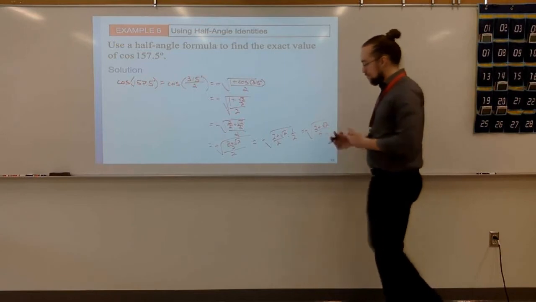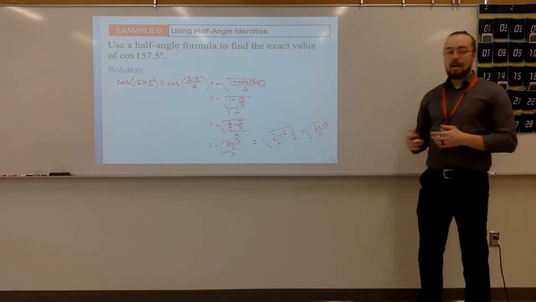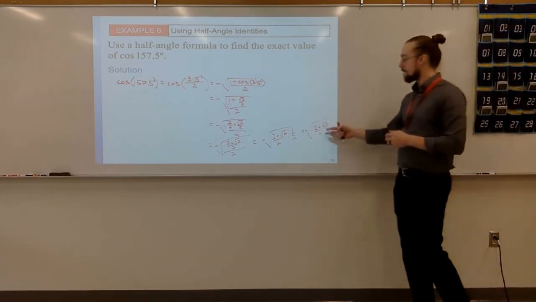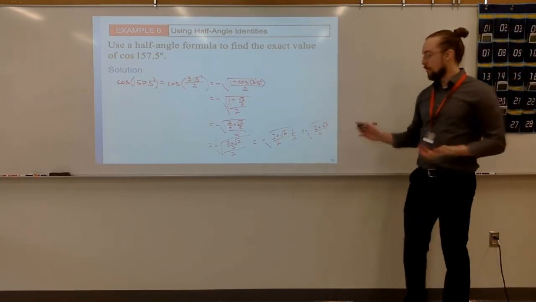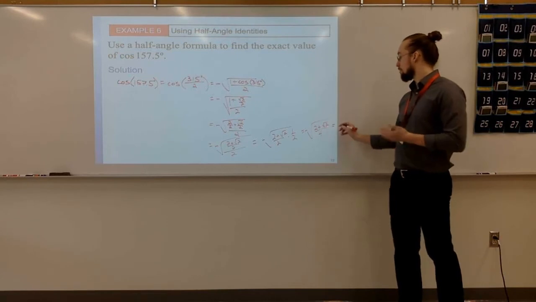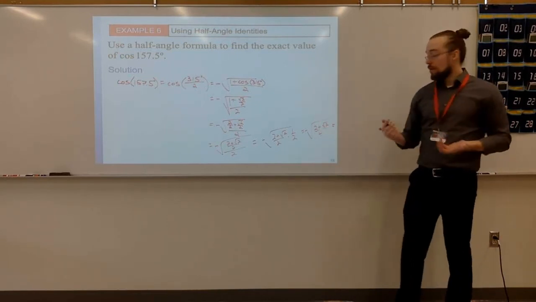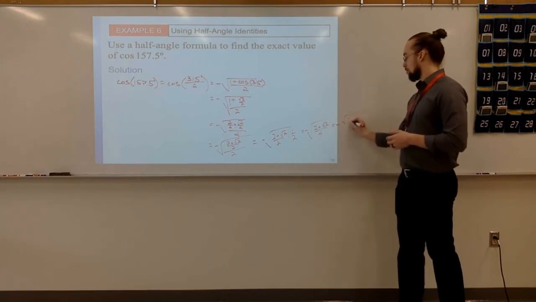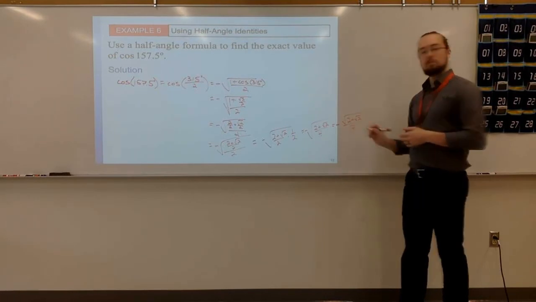Now, to simplify, we're not allowed to have radicals in the denominator. Technically, we still have a radical in the denominator here, because if I'm taking the radical of a division problem, I can split that up. I could make this the square root of 2 plus the square root of 2 over the square root of 4.